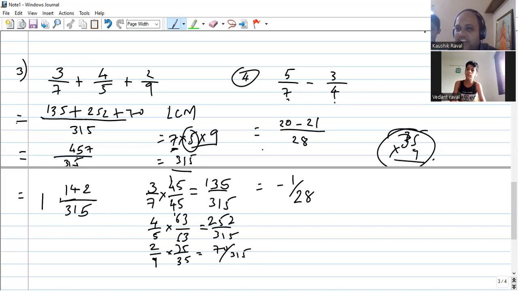Now this is where the first chapter kicks in: you have a bigger number to be subtracted from a smaller number. So 20 minus 21, the answer will be minus 1 by 28. This is also an acceptable answer, because in fractions you will come across such problems.